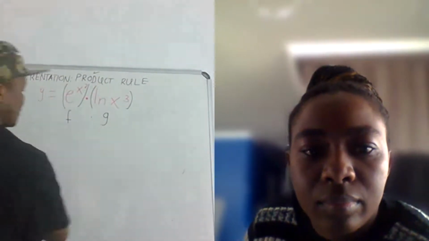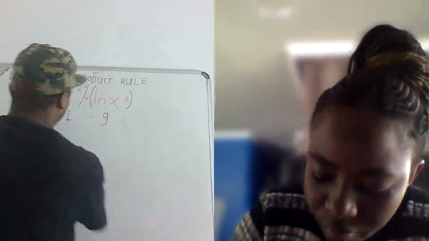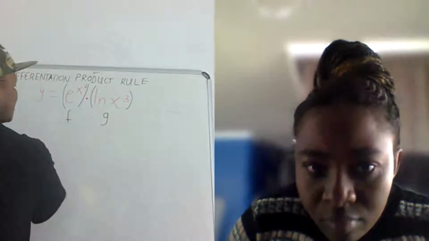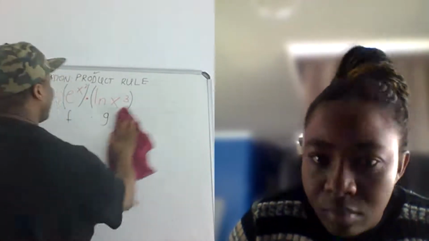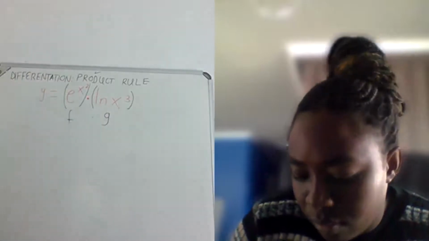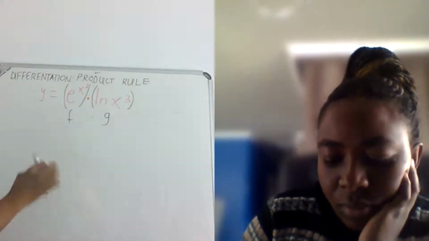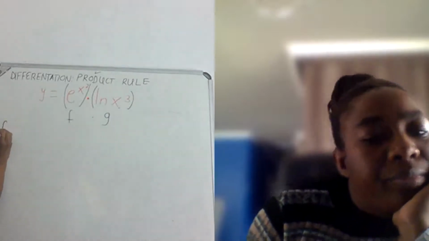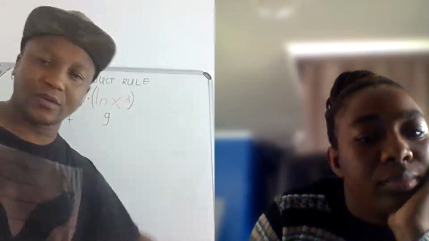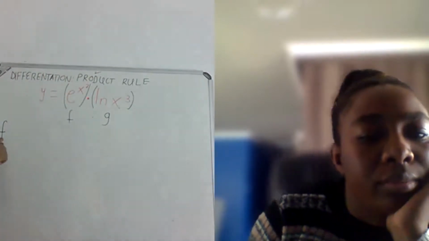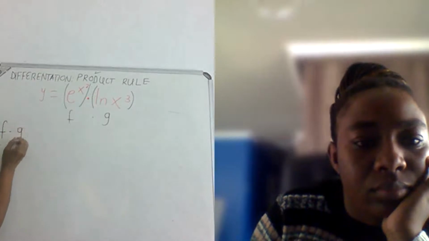So now, if we have two functions, we say f, the first function, times the second, so f times g.